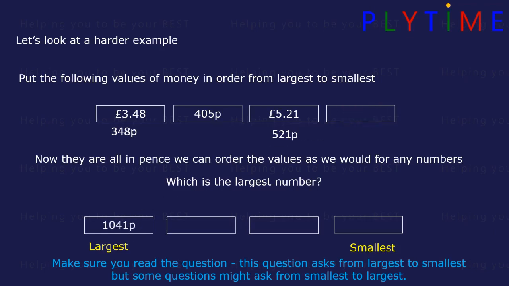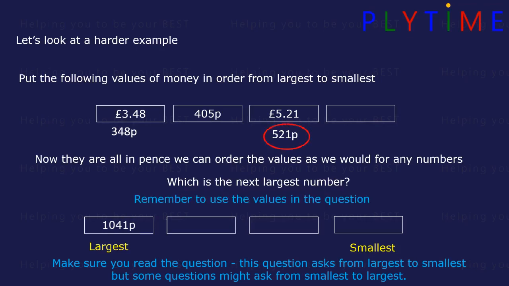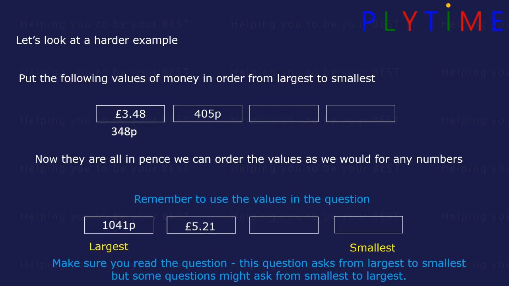The next largest, then, is 521p. But we need to make sure to remember to use the values in the question, so we put in £5.21. The next largest is 405p, and finally, the smallest, £3.48.